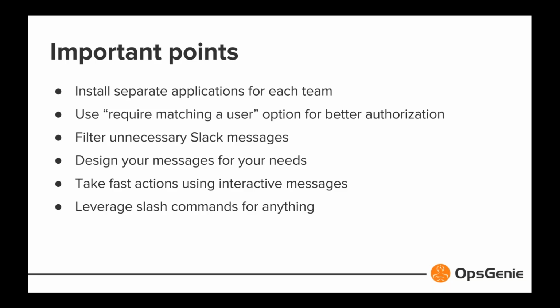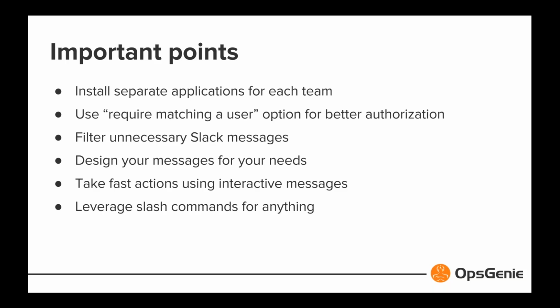And you can filter your unnecessary Slack messages using the filtering options available. You can also uncheck some of the Opsgenie actions and choose not to send those messages on Slack. And you can design your messages, as I told you earlier: you can uncheck the Slack buttons option, or you may choose not to show, for example, text on the messages.